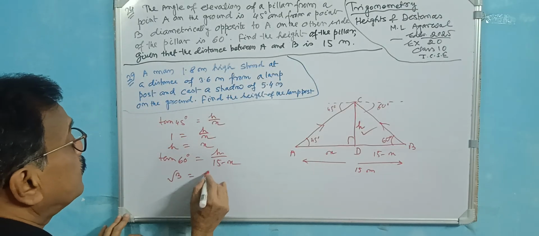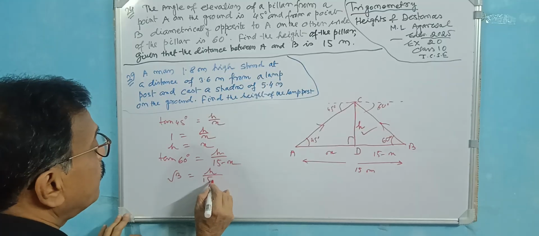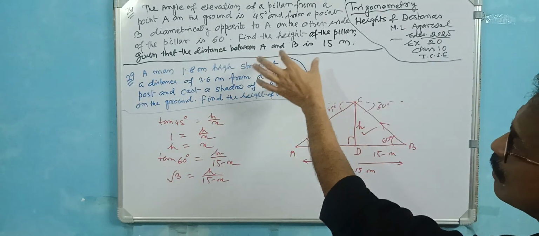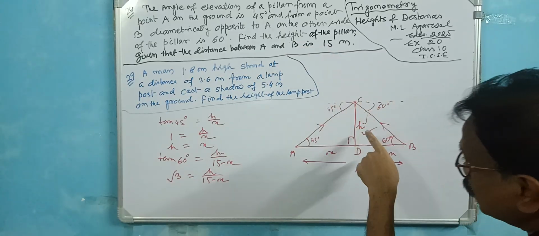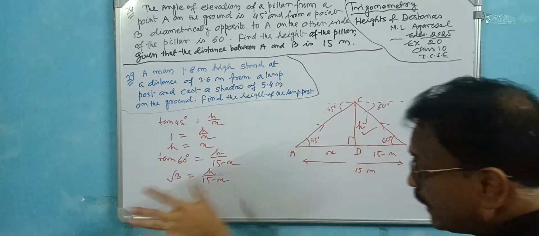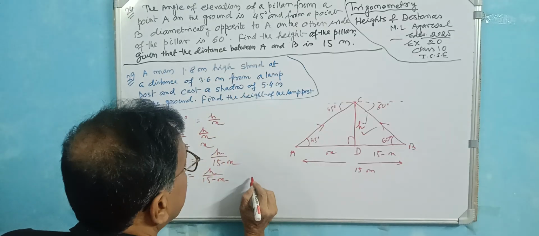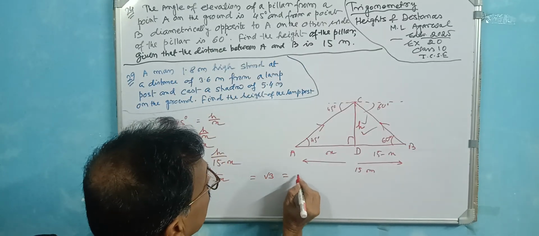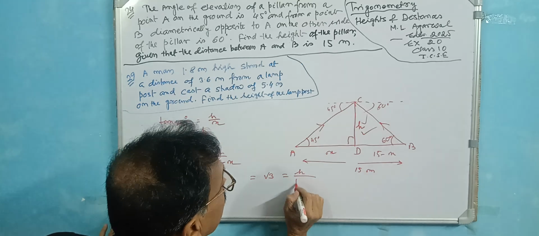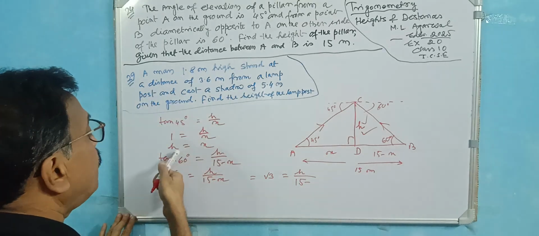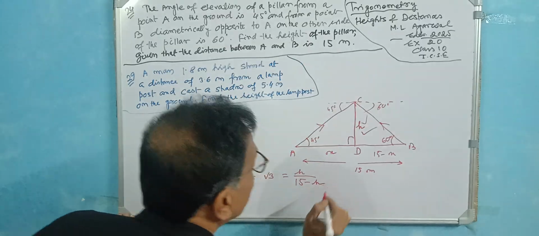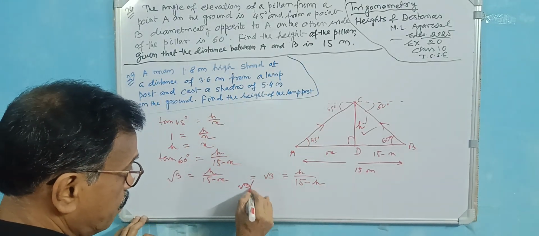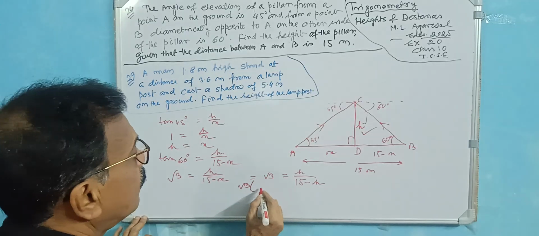So this is h by 15 minus x. We need to find the height, h. So x is out. In place of x, you write h. So root 3 equals h by 15 minus h.